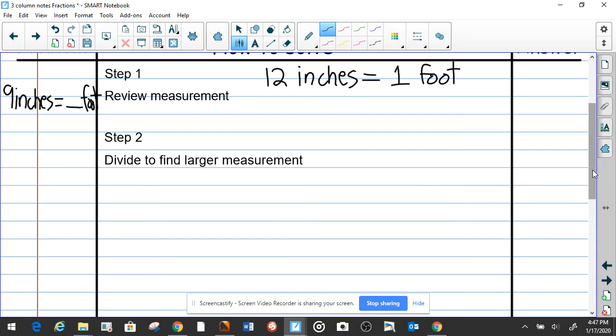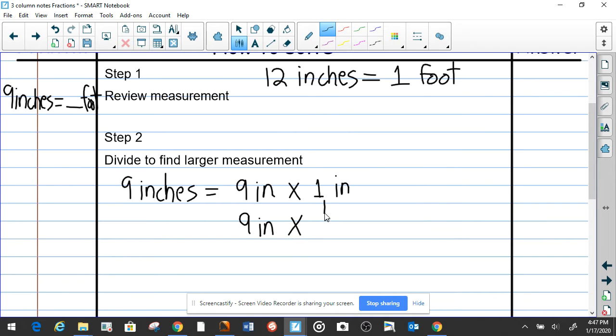Well, first of all, we start by rewriting the problem. And now we're going to write again 9 inches. But this time I'm going to multiply by 1 inch. Why do we do that? Because now, as we rewrite this again, it makes it easy to convert this 1 inch into feet.